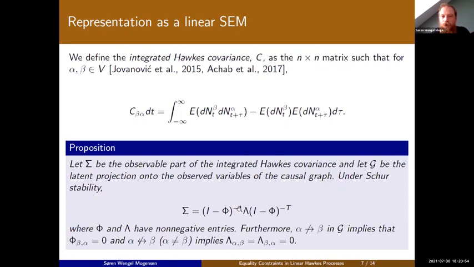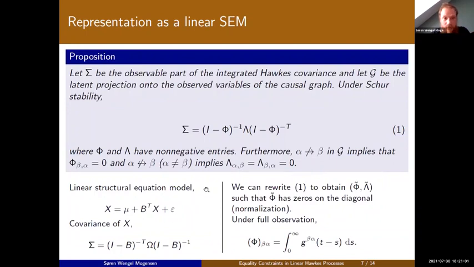This is almost identical to what you get from a linear structural equation model, so just for completeness, I have it in the bottom left here. In a linear structural equation model, this is a model of a random vector X, where you have a matrix B, a mean parameter mu, and then you normally assume Gaussian noise epsilon.